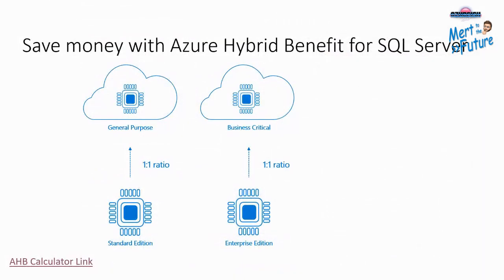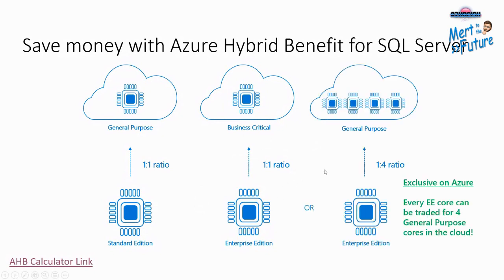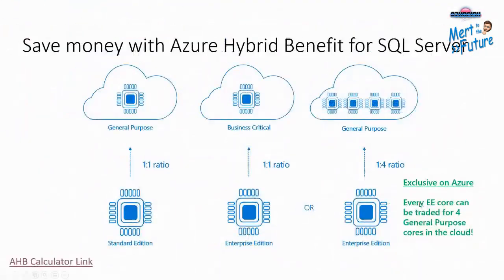Well, in case that you want to use 4 general purpose vCores, you will require at least one standard license per vCore. In case that you want business critical, that ratio will be a little different. But in case that you want to use general purpose and you have an enterprise edition license, this will save you up to 4 cores in general purpose.